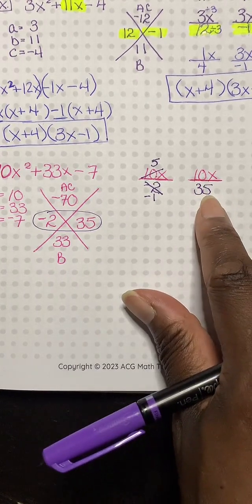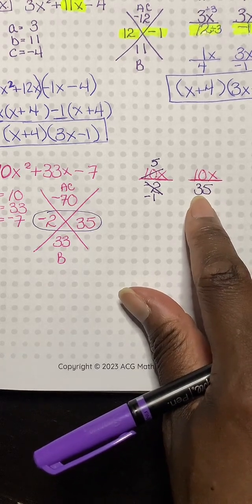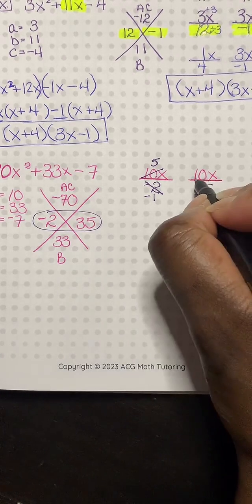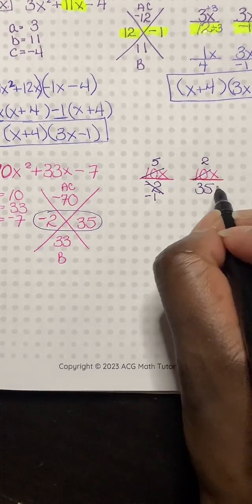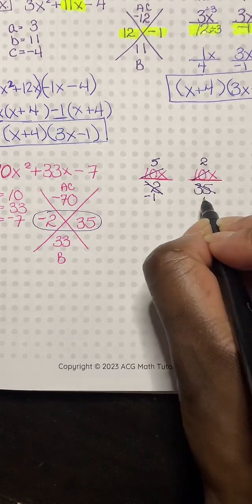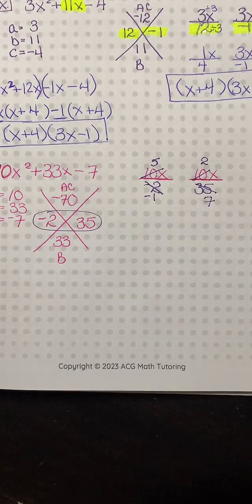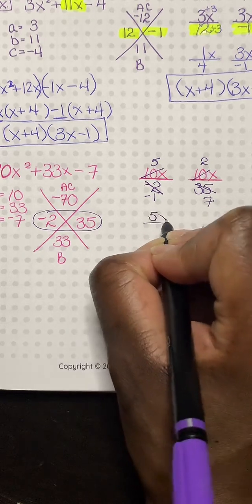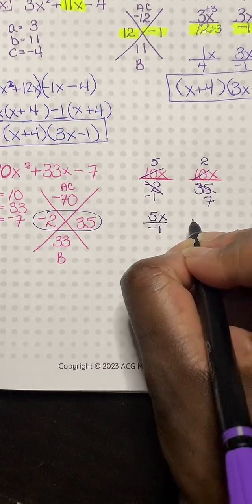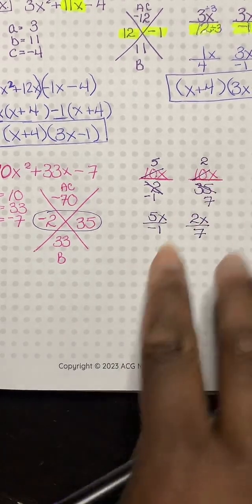One ends in 0, the other ends in 5, so it's divisible by 5. 10 divided by 5 is 2, and 35 divided by 5 is 7. So basically, my two ratios are 5x over negative 1 and 2x over 7.